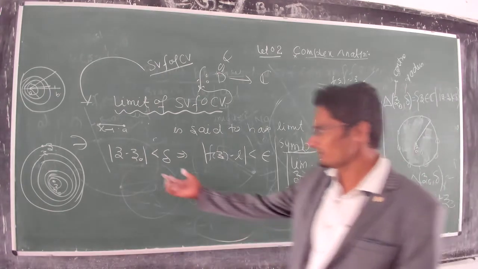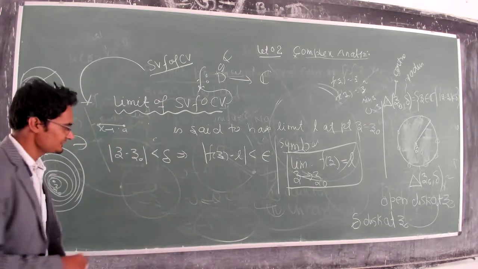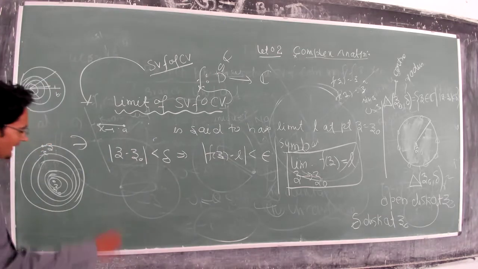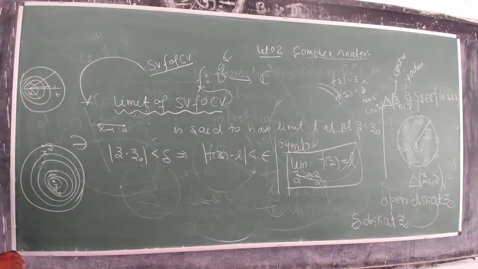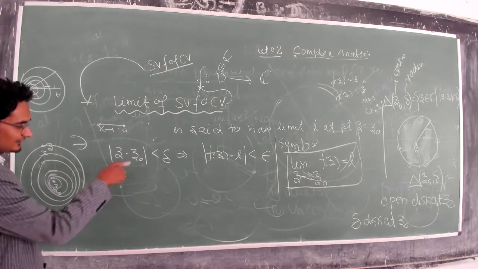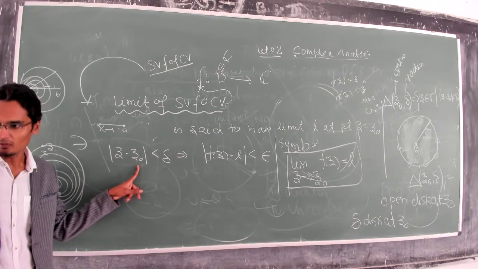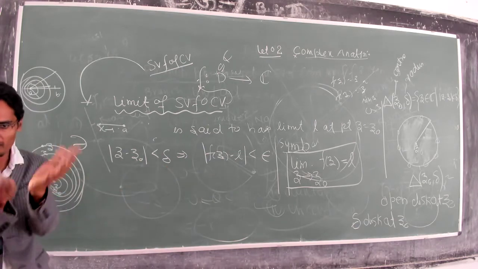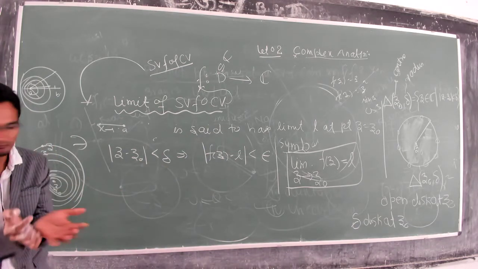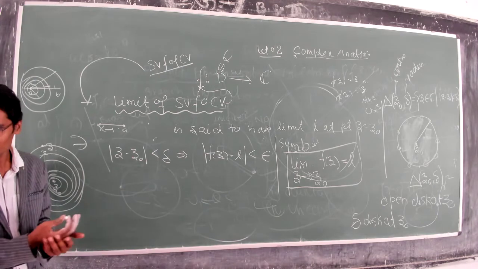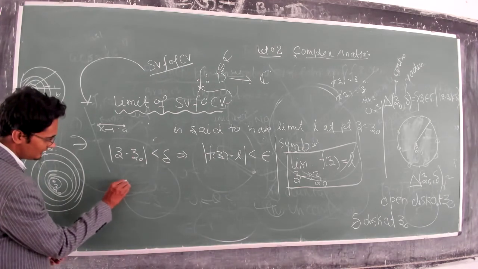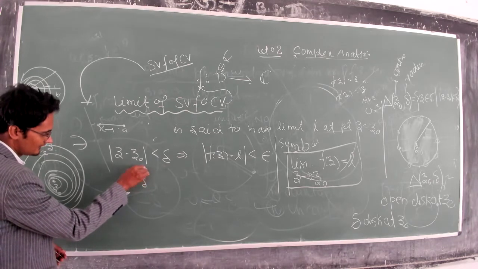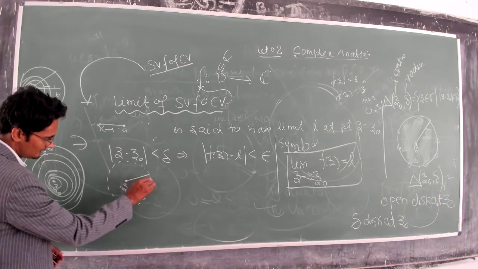Let us look at the geometry of this. |z minus z naught| less than delta implies that this is a disk with center z naught, or a ball with center z naught and radius delta. It is a solid balloon at z naught, and all the points inside it, so z naught is here, delta is the radius, this is right.